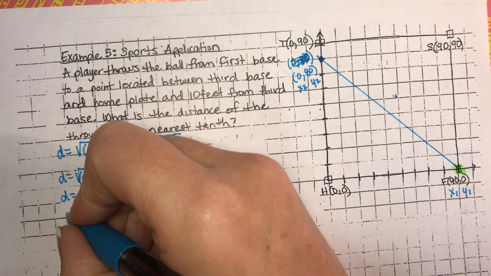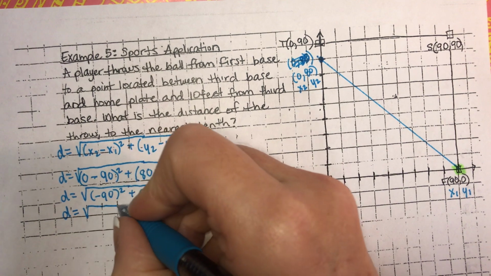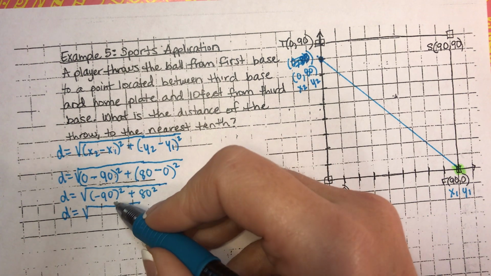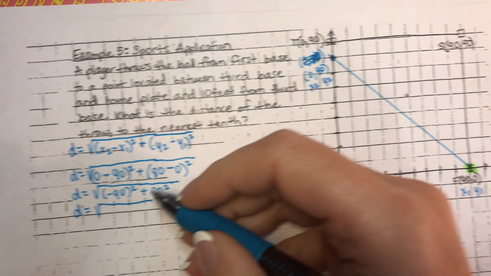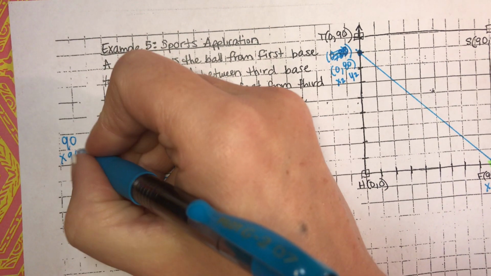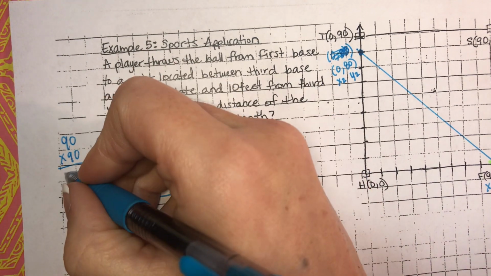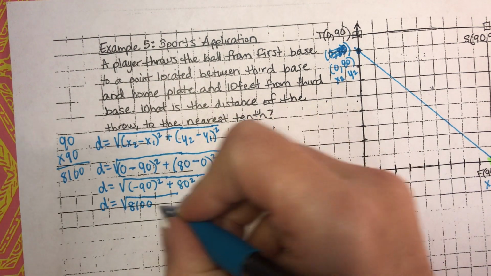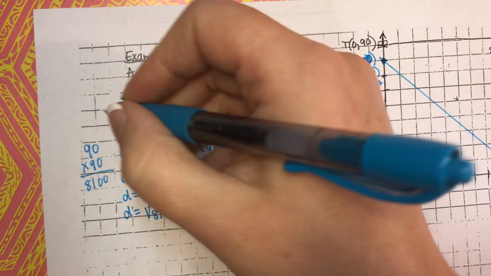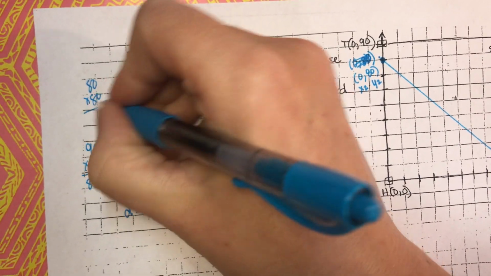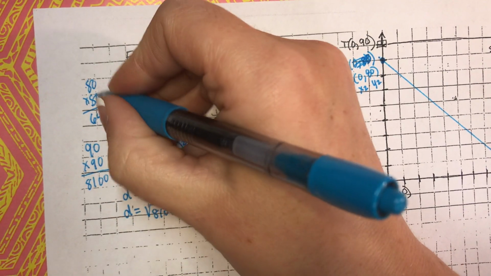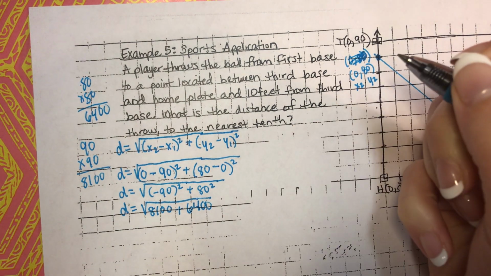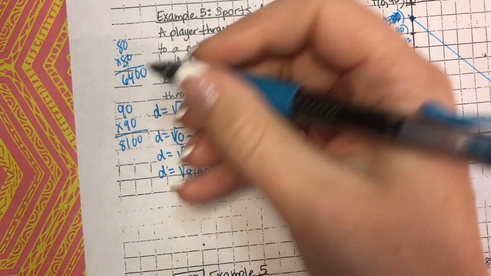Negative 90 squared, a negative times a negative is a positive, so 90 times 90 is the same as 9 times 9, which is 81 with 2 zeros, so 8100. Plus 80 times 80, which is 8 times 8, which is 64 with 2 zeros, so 6400.